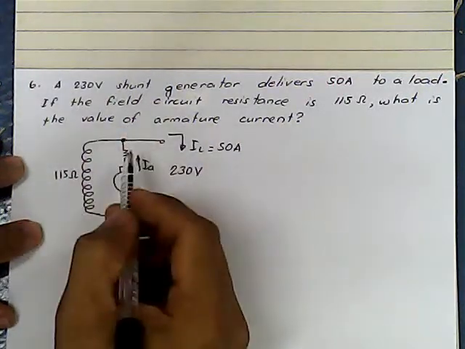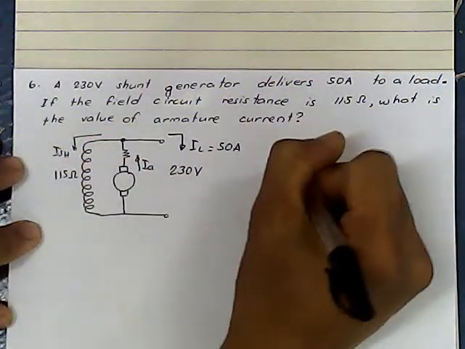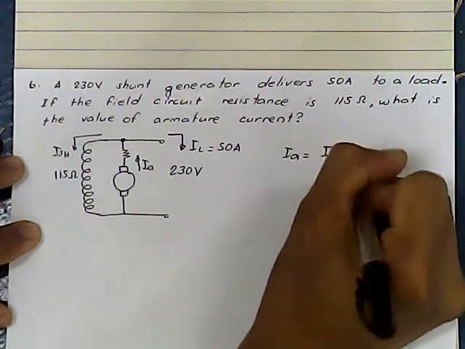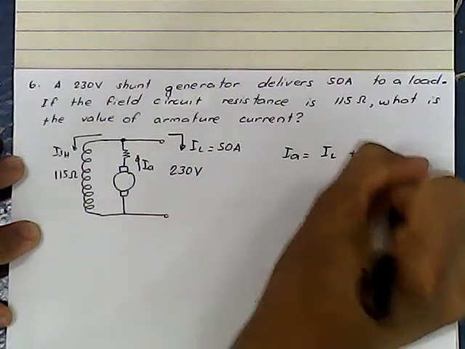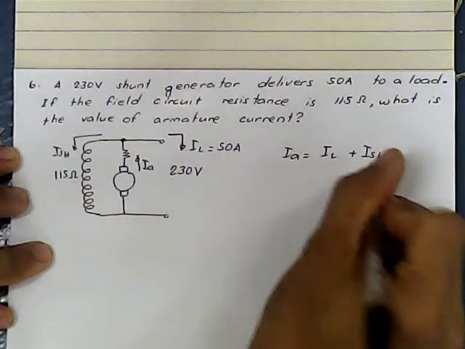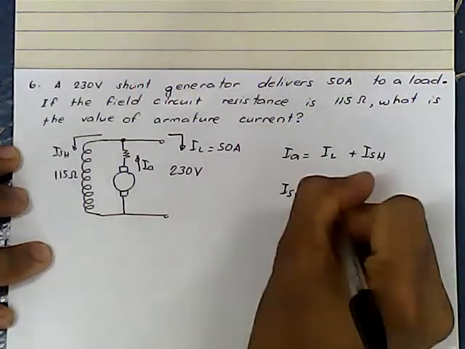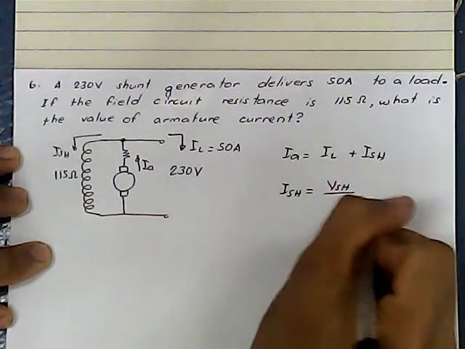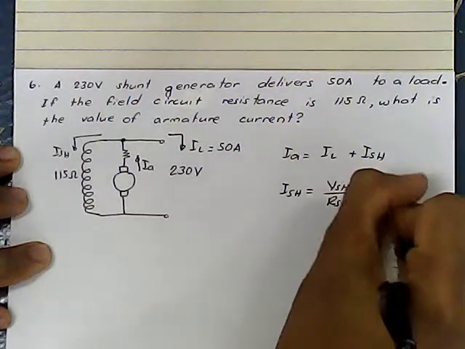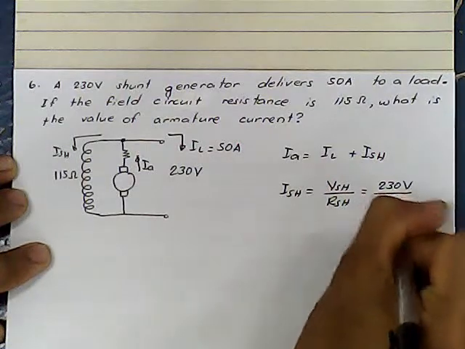Again, by nodal analysis here, we have IA is equal to IL plus ISH. Since IL is given, we need to find ISH. ISH is equal to VSH, again, that is equivalent to the terminal voltage. So, we have here 230 volts, divide this by 115 ohms.